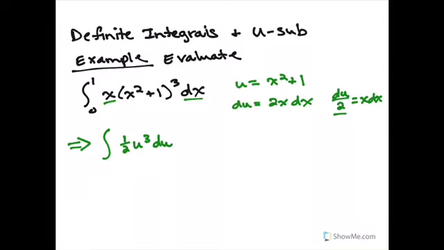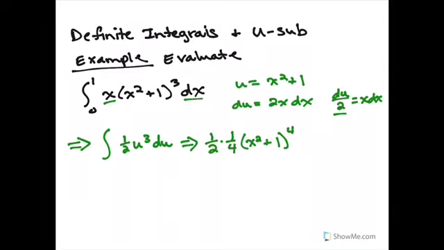And I can take the antiderivative of u cubed, and we would get a u to the 4th. And so a 1/4 will come out front. And I back substitute my u in as x squared plus 1.